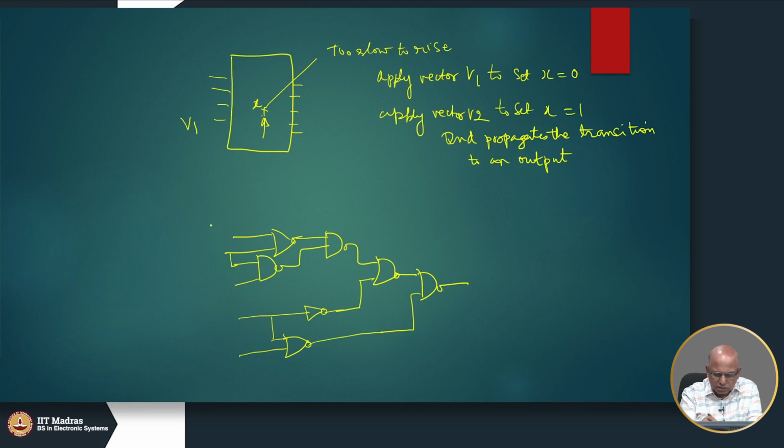Suppose we call these A, B, C, D, E. Let us say we are worried about a transition delay fault here, slow to rise.